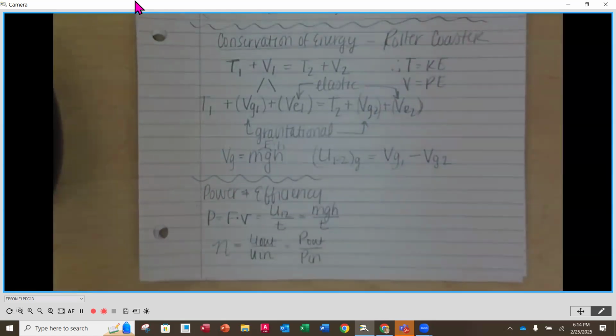Now, this number is always going to be less than 1 because it's very seldom that we have 100% efficiency because there's always losses in a system from before to after or in to out. And if it is greater than 100, then we're breaking the conservation of energy law, right? And that hasn't been found to be possible at this time.